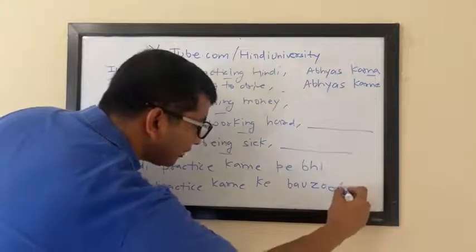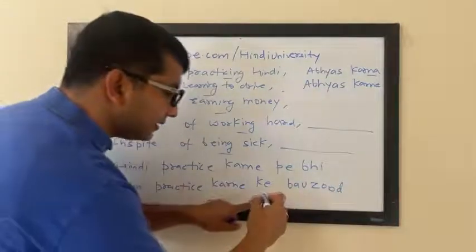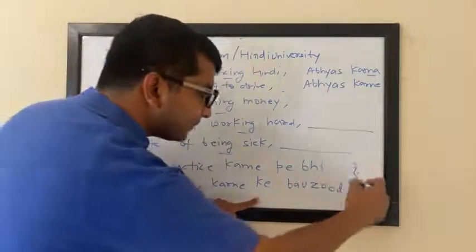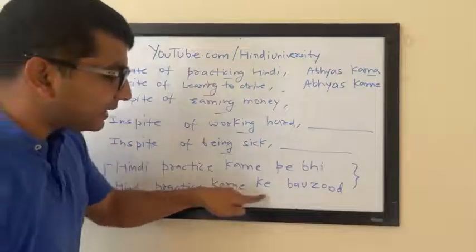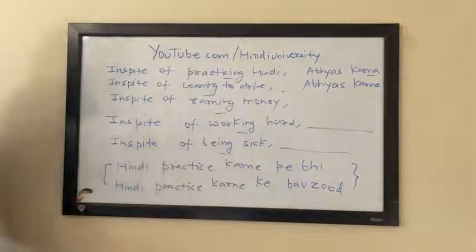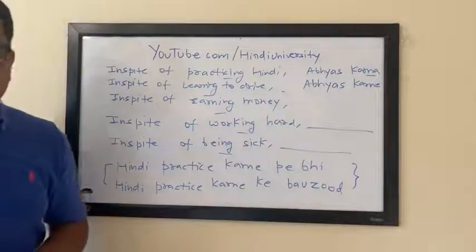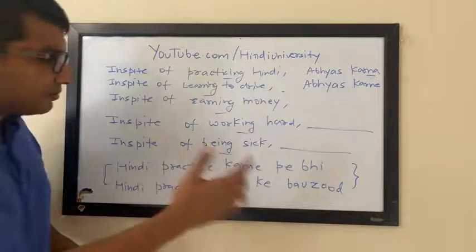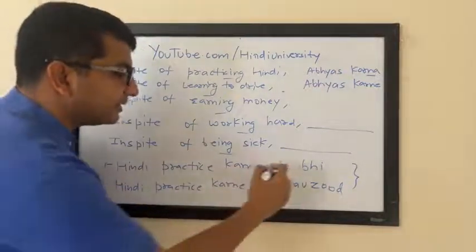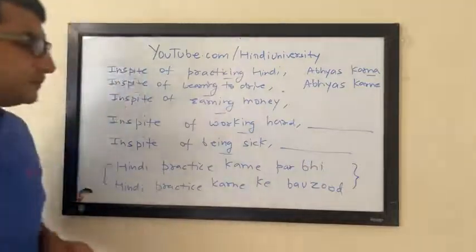So Usha doesn't cover it, but I want you to remember it. Both of them are exactly same. Hindi practice karne pe bhi or Hindi practice karne ke bawajood. You can say it either way, and both of them are correct. Par bhi or pe bhi. Hindi practice karne par bhi.